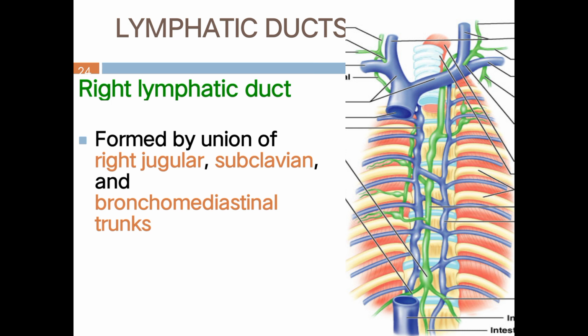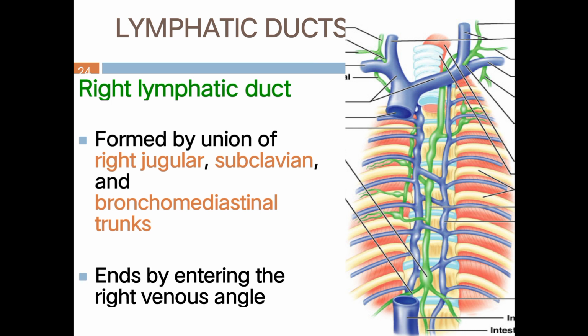Bronchomediastinal lymph trunks are large efferent lymphatic channels draining into the venous system within the neck but originating within the mediastinum. The sources of lymphatics which run into the bronchomediastinal trunks include external and internal thoracic nodes and tracheobronchial lymph nodes. It ends by entering the right venous angle, as I've said.